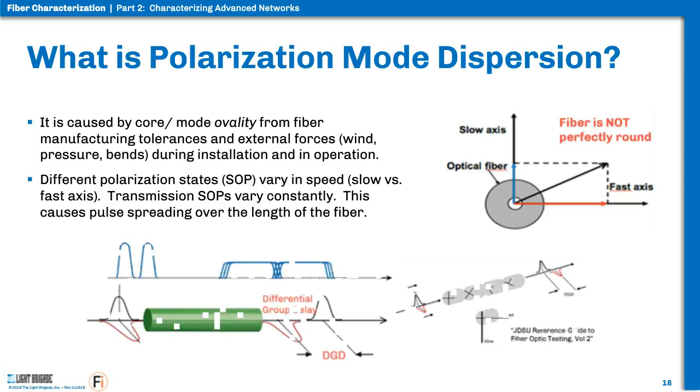Here are a couple of graphics that try to show what we're talking about. If you look at the lower left-hand side, you see that these pulses are nice and grouped together in different polarization states.